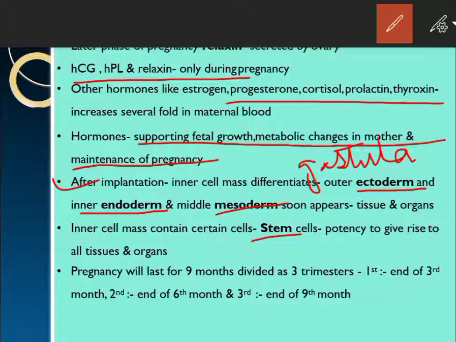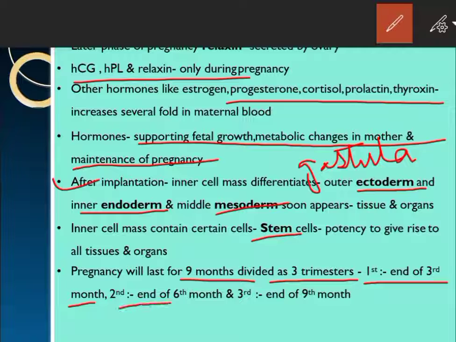In humans, pregnancy lasts for 9 months, and after 1 month of pregnancy, the fetus heart is formed. The 9 months are divided into 3 trimesters. The first trimester ends by the end of the 3rd month.